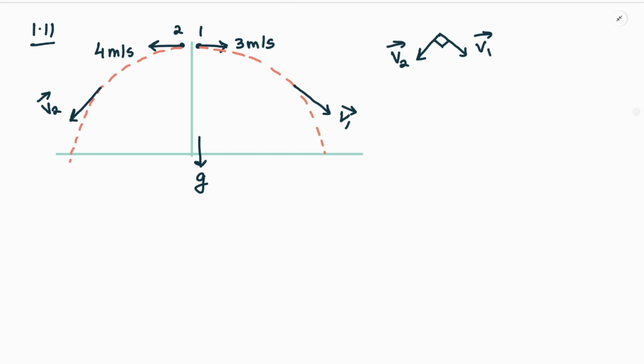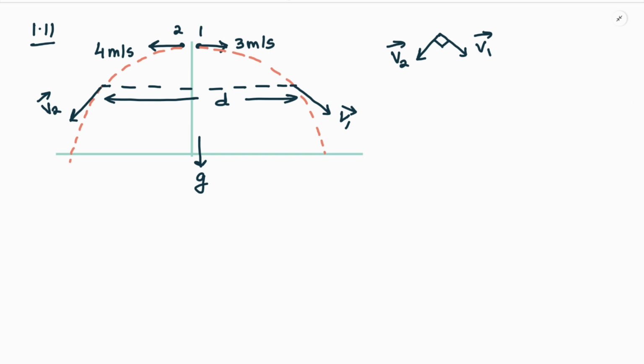It is at this moment of time that we are supposed to calculate the separation between these two particles, the distance which the problem is asking us to calculate. So let us first solve the case for each particle.